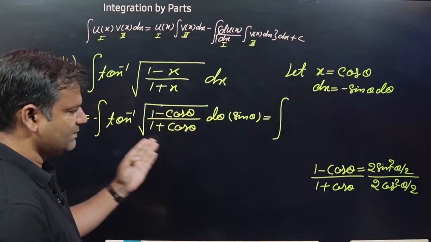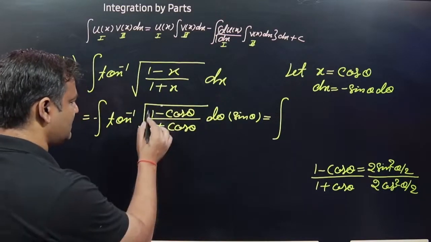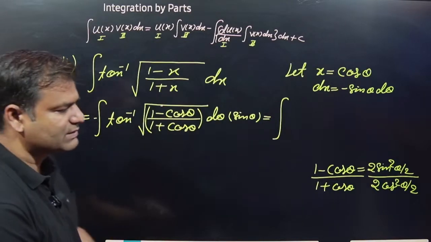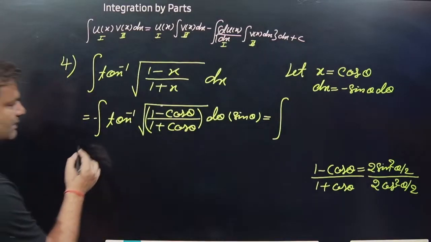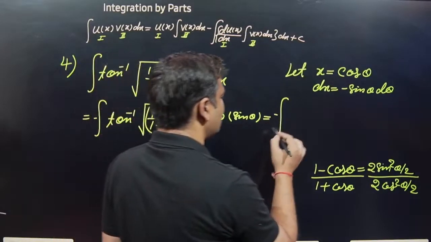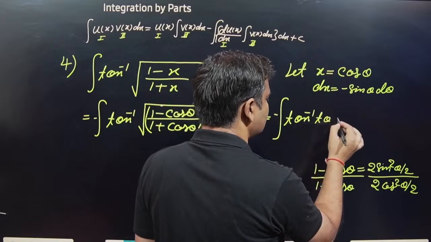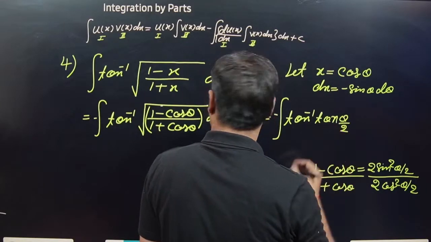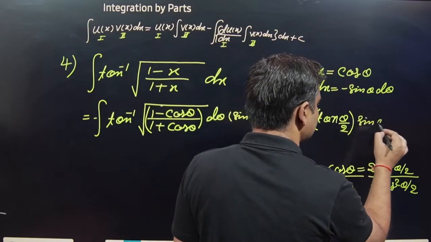The whole replacement gives under root tan square theta by 2, which means tan theta by 2. So now we can write tan inverse tan theta by 2, into sin theta d theta.